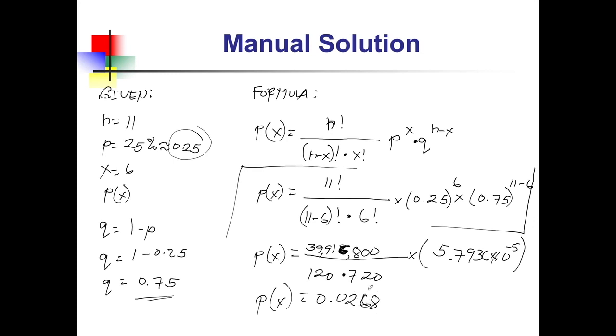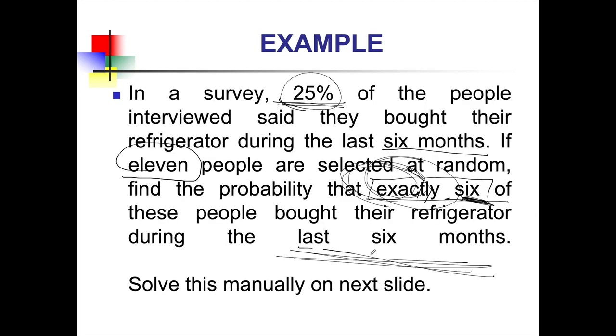Since it is in decimal form and we want to see the probability, we can convert this into a percentage by multiplying by 100. When multiplied, the decimal point just moves two places. So, this basically means that we have a 2.68% chance that exactly 6 of the 11 people you ask will answer yes, they bought the refrigerator during the last 6 months.